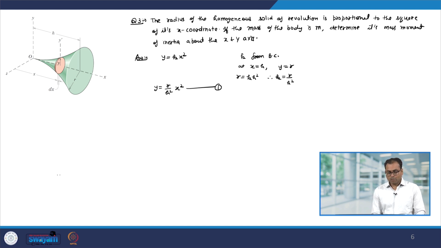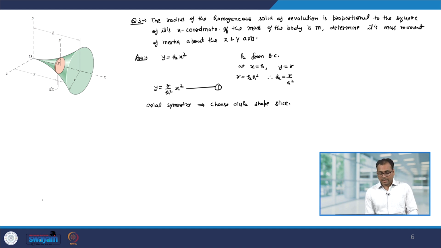Now, to find the moment of inertia of this, I have to choose some element, and because of the axial symmetry, so this structure is symmetrical about the x axis, therefore, let us choose a disc shape slice.